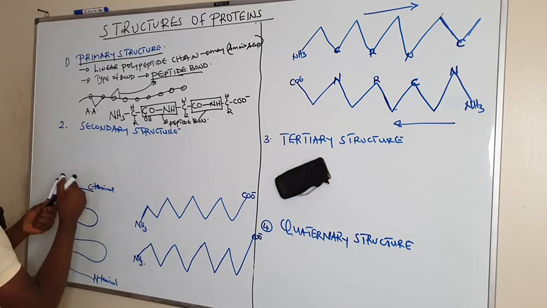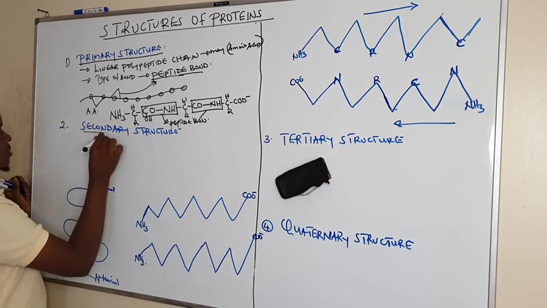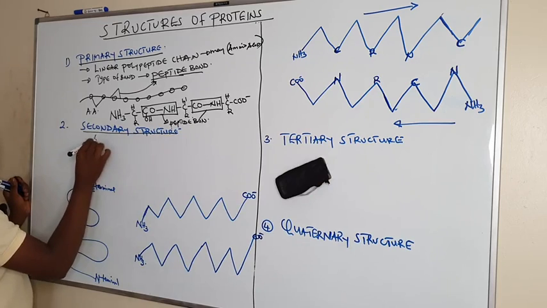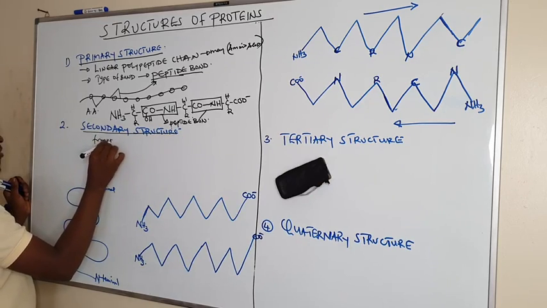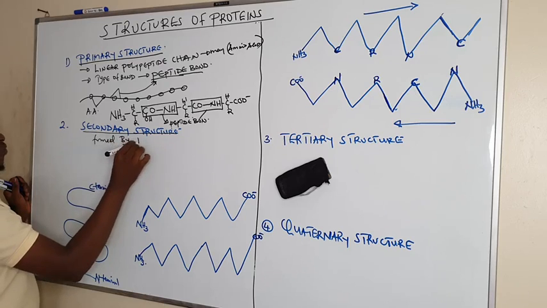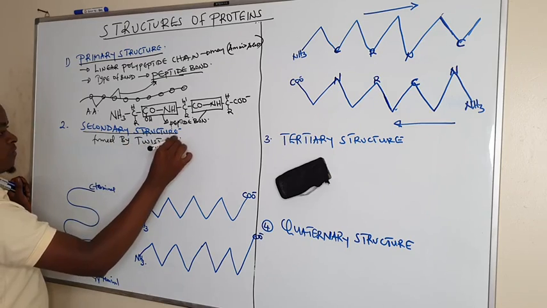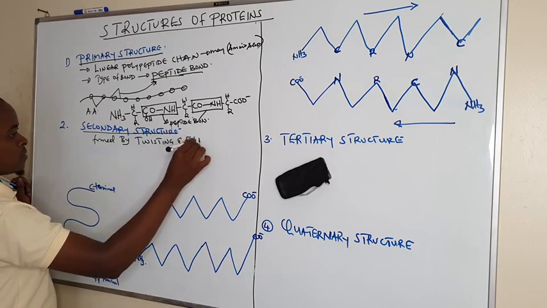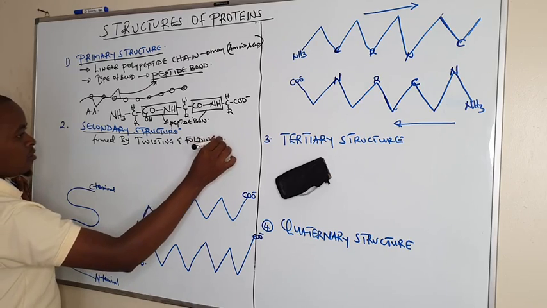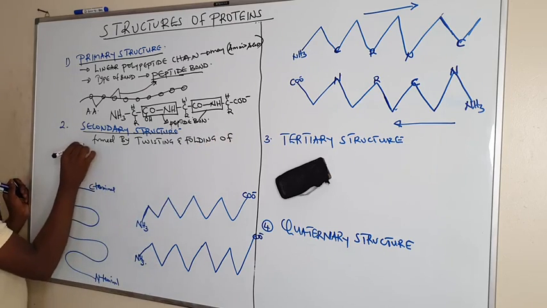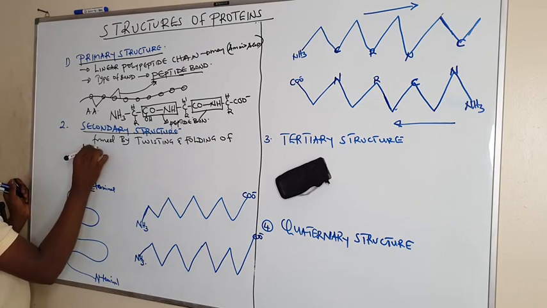So we are saying that secondary structure is formed by twisting and folding of a linear polypeptide chain.